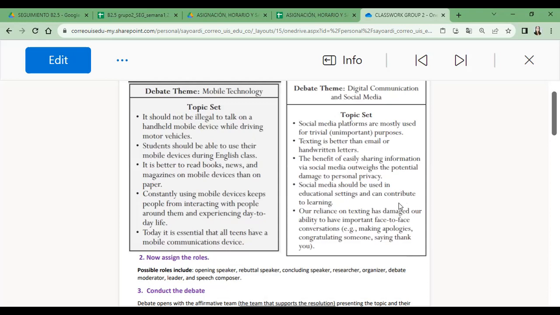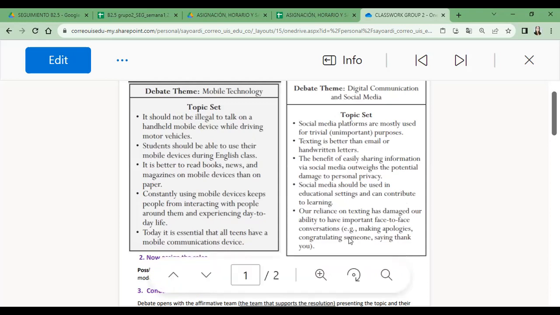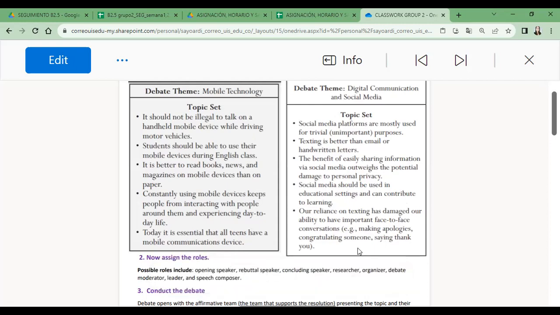Interesting. And the last one, our reliance on texting has damaged our ability to have important face-to-face conversation. For example, making apologies, congratulating someone, saying thank you, saying happy birthday. Yeah, it's like, well, now everything is just in a written message.